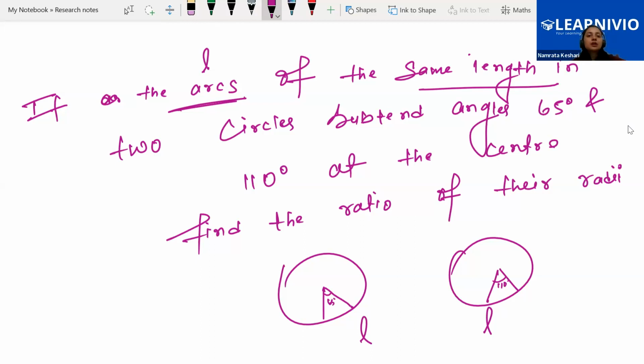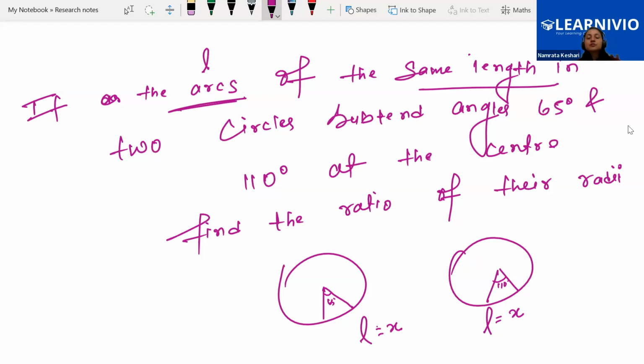The same formula again we will be using, Alina. Length of the arc is same. If you are taking length of the arc as L over here, L only you need to take over there. Or if you are taking length of the arc over here as X, then X only you need to take over there also. Getting it? Yes, ma'am.